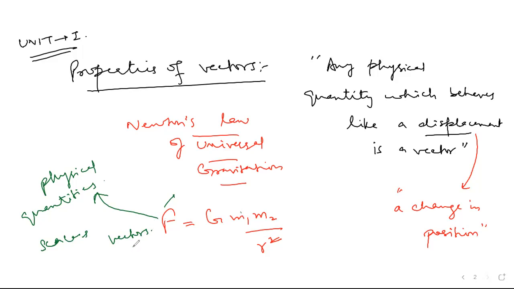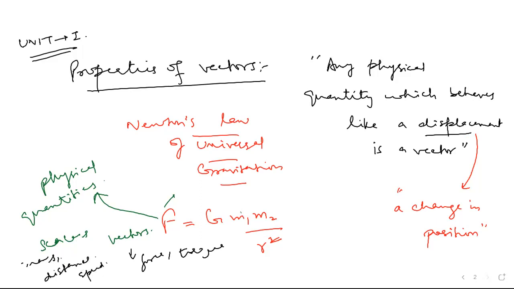Force is a vector, you know the examples. Force is a vector, displacement is a vector, acceleration is a vector, torque is a vector. There are many, electric field, magnetic field, they are all vector quantities. There are scalars like mass is a scalar, distance is a scalar, speed is a scalar. You know that.